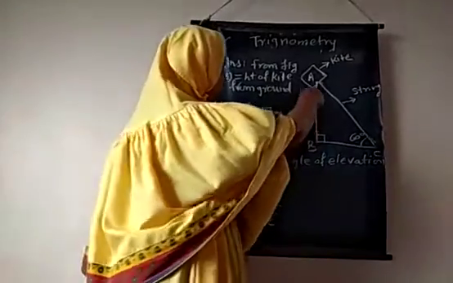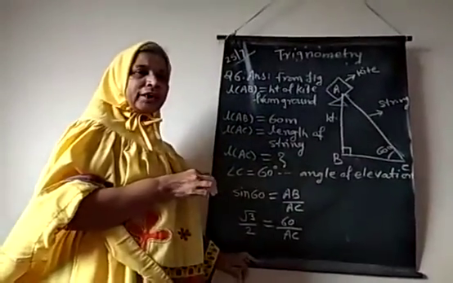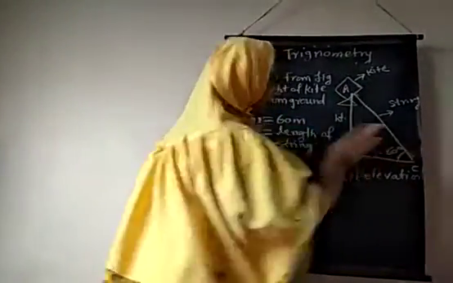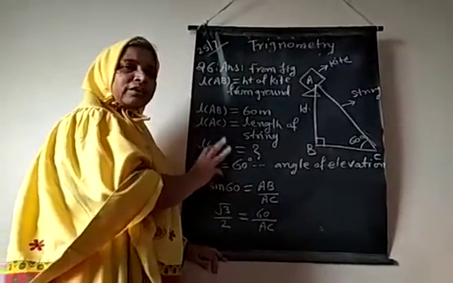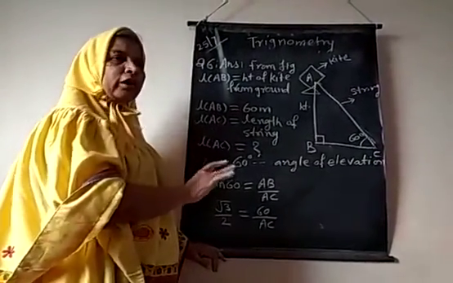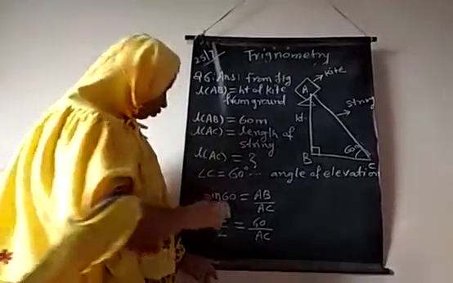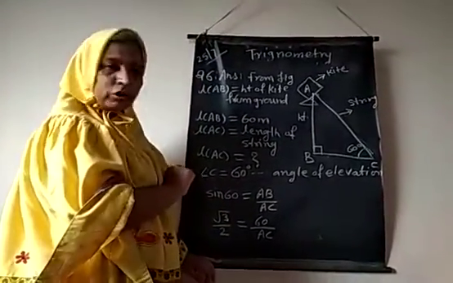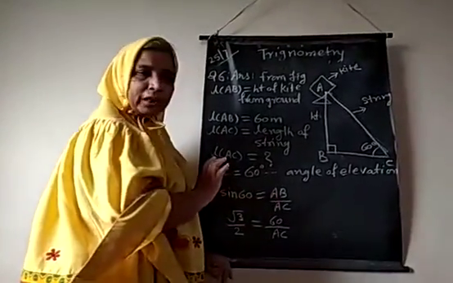Now our height AB is given and the length of the string, which is the side opposite the 90 degree, that is the hypotenuse, we are finding. Therefore we can use sine, cos, sec or cosec. Out of these any one ratio we can use. So here we are using the sine ratio. Sine 60 is equal to opposite side upon hypotenuse.